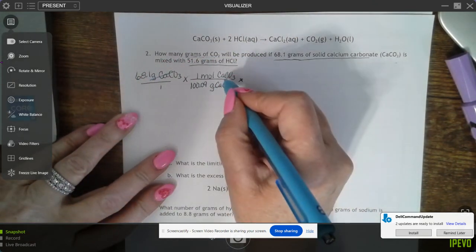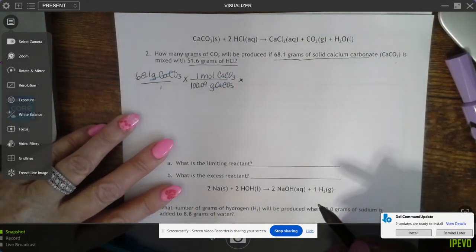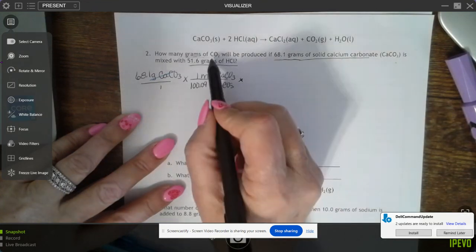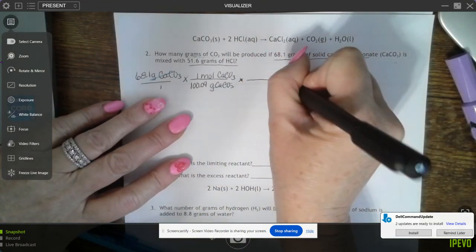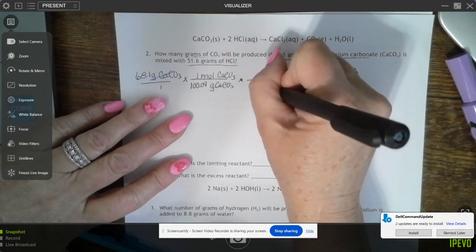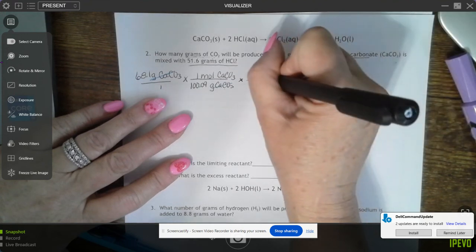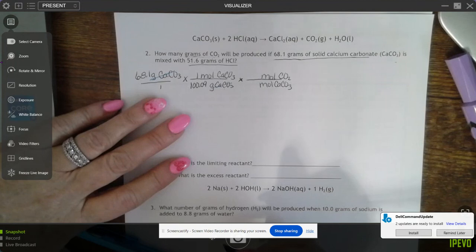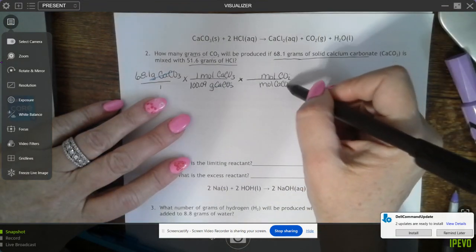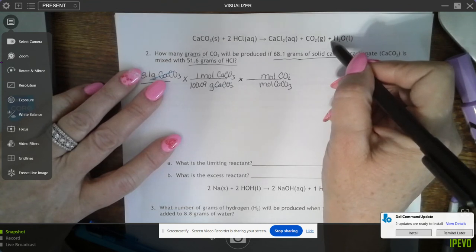From moles of calcium carbonate, we need to convert to moles of what we're looking for, so moles of carbon dioxide. Moles of calcium carbonate goes on the bottom, and moles of carbon dioxide go on top. Now, remember when we have moles over moles, we're looking at our mole ratio, which comes from our balanced chemical equation.